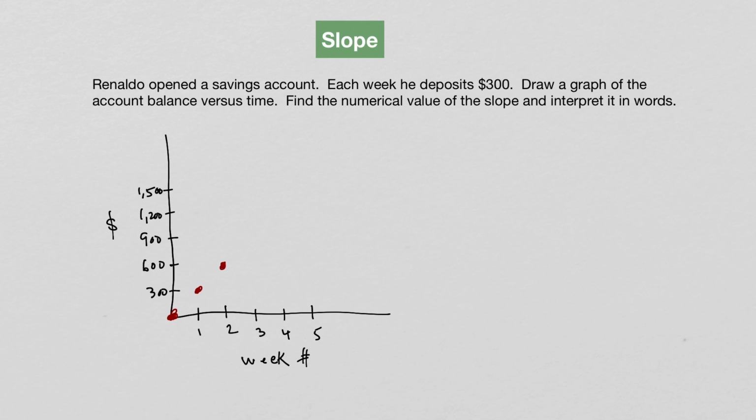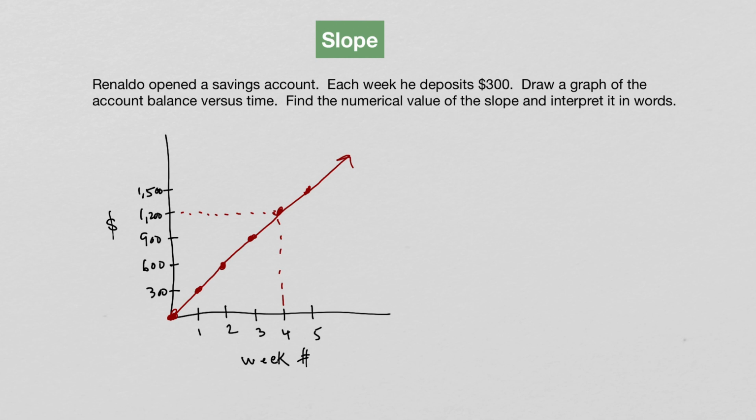Week 3, he's now going to have another $300, which puts us at 900. And then week 4, another 300, puts us at 1,200. And then week 5, another $300. This is what this graph would look like, representing Ronaldo's deposit of $300 every week.